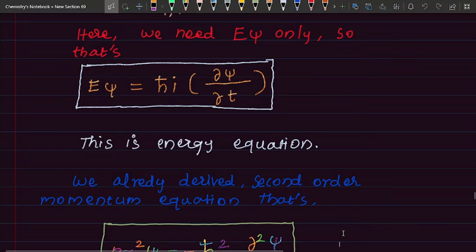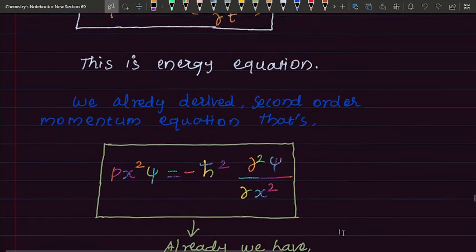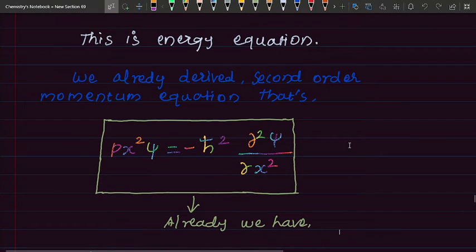We already derived the second order momentum equation, that is px² ψ = minus ħ² ∂²ψ/∂x². This equation we already have.